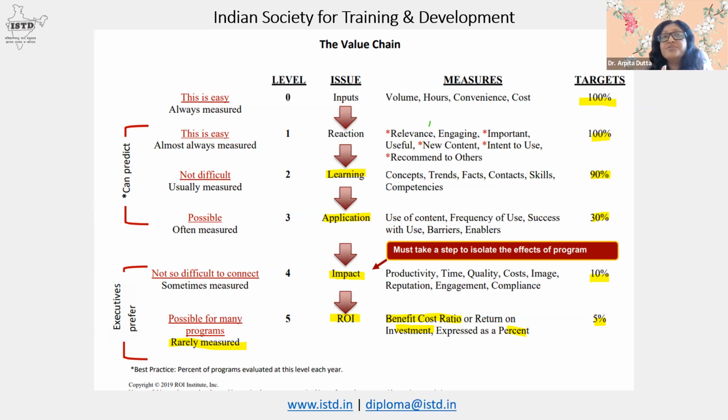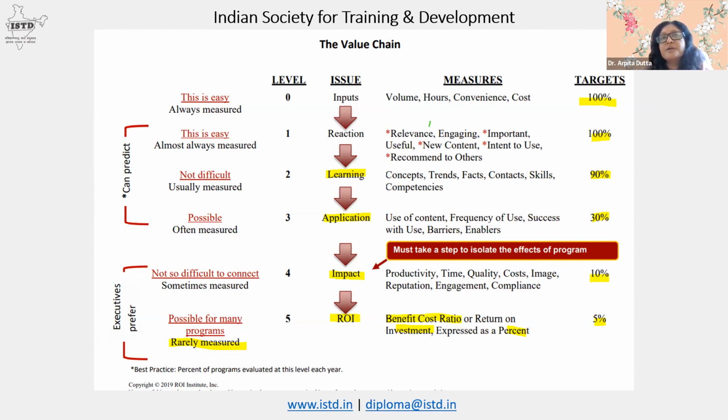But this is a value chain. If done, there are companies which go to Brandon Hall and get awards, year after year, multiple times. Why? Because they are able to focus on this value chain and achieve it. EI Design was one such.